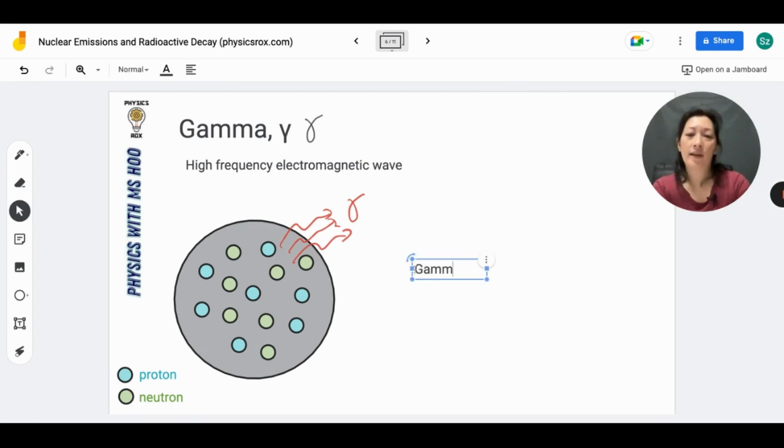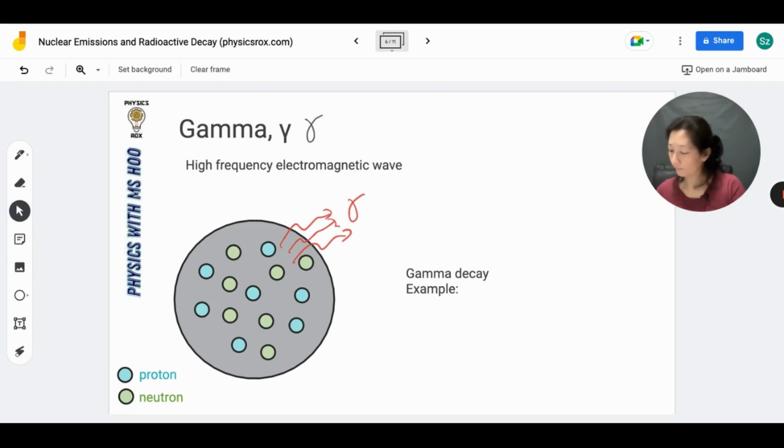To give you an example of a gamma decay equation, I'll write it here. An example of a gamma source is cobalt-60. Cobalt-60 is a widely used gamma source in many industries. Cobalt-60 is not only a strong gamma source, it also happens to release beta at the same time. That means for the product, there are actually 3 products.